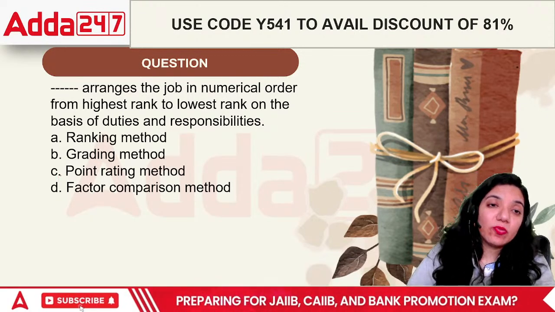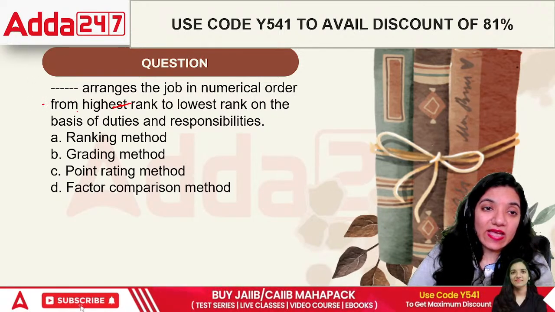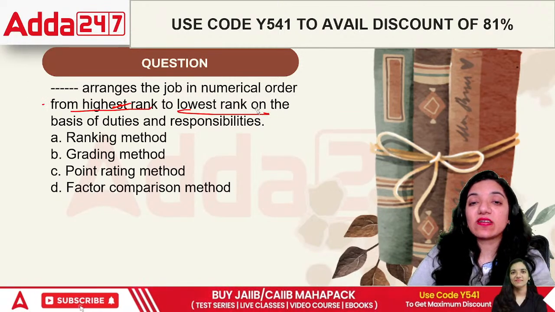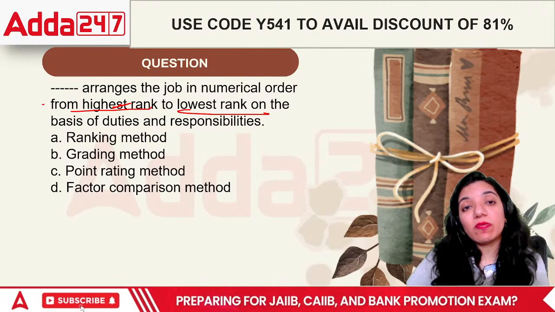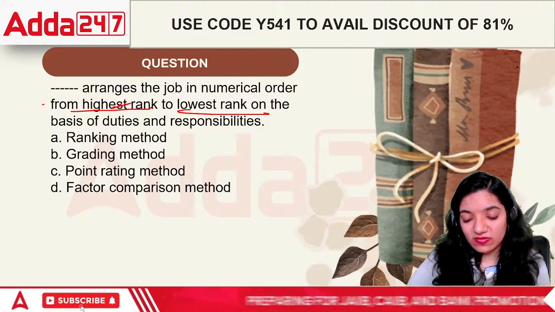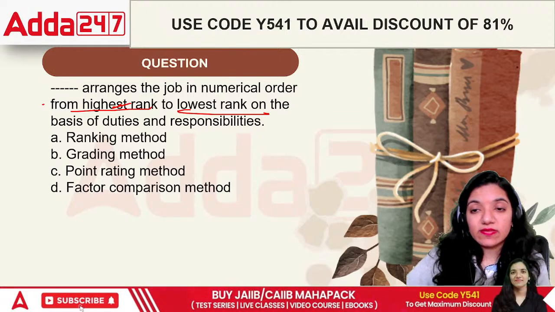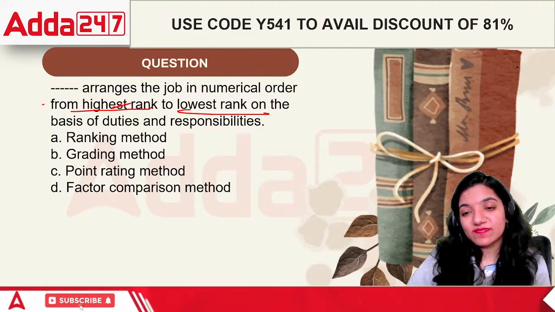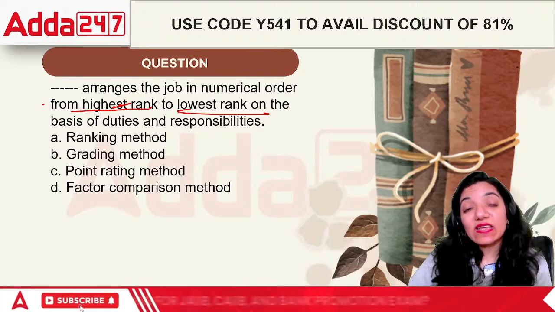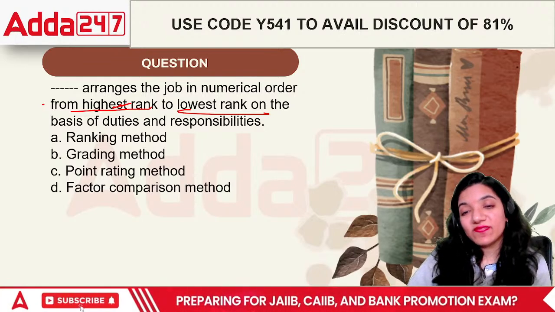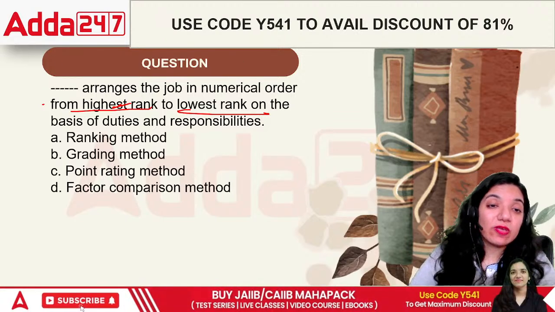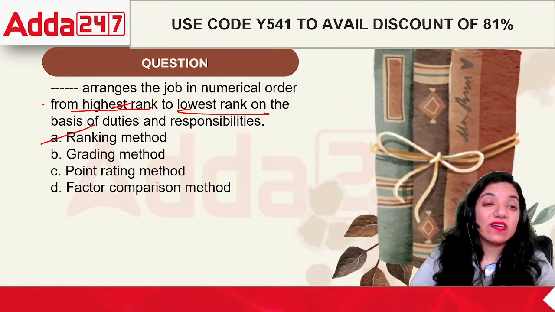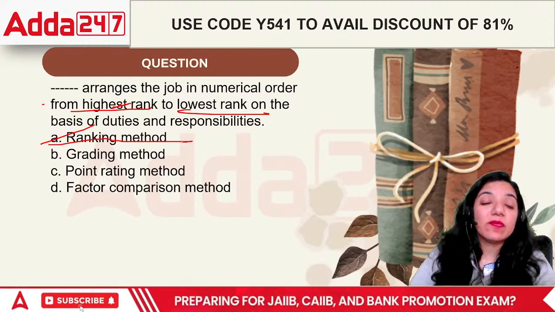The question itself mentions the highest and the lowest rank, so the correct answer would be the ranking method. Since we are putting people into a specific sequence, it's called the ranking method.